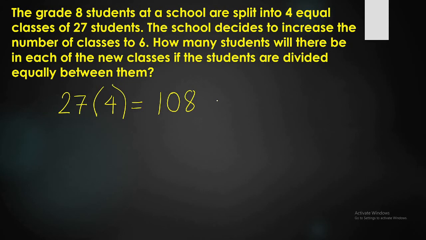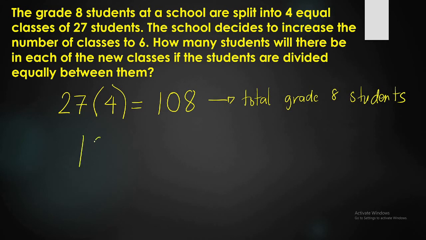Okay, so meaning 108 is the total nga grade 8 students. Correct. So there are 108 grade 8 students in all. Now, unsa may buhaton nako ni 108 this time because I want to make 6 classes out of them. Divide.